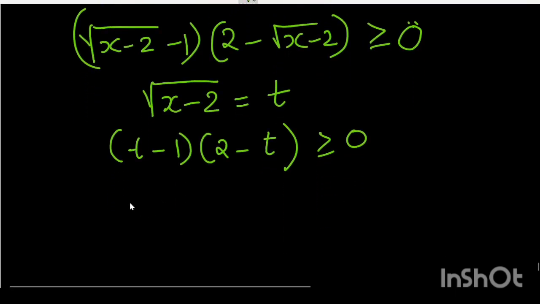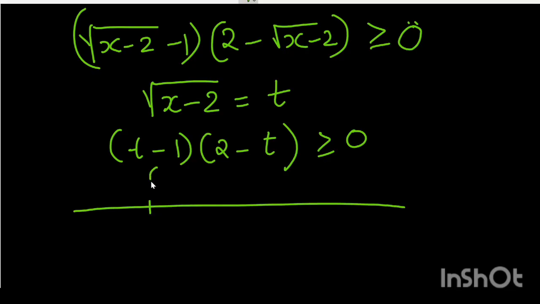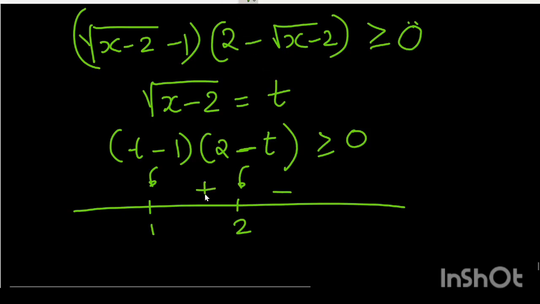Now we will plot the zeros. One of the zeros is 1, the zero corresponding to 2 minus t is 2. Now since the coefficient is negative here, we will start with the rightmost interval by minus sign, and proceeding on the left hand side we will put plus and then minus.